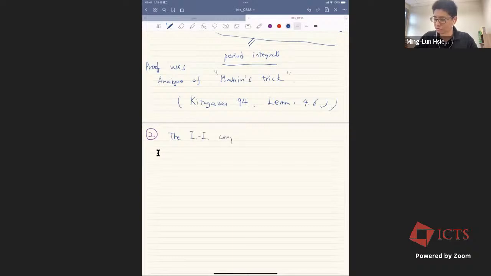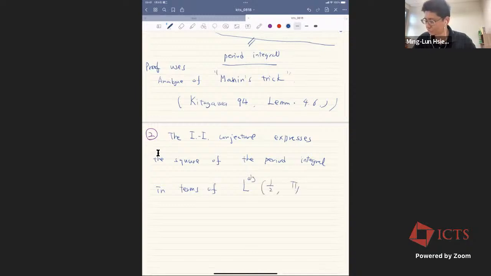The Ichino-Ikeda conjecture, as mentioned in yesterday's Wei Zhang's talk, expresses the square of a period integral in terms of central L values and a product of local zeta integrals involving matrix coefficients of test vectors in these representations.